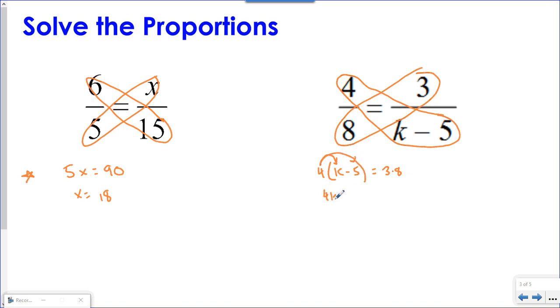So we're going to have 4k minus 60 equals 24. And then we would just go through and solve. So we can add 60 to both sides, divide by 4, and we're going to get k equals 21. And we'll put that in roster form. For right now, unless we explicitly ask, you won't have to do a check step for these, just because the checks can get a little dicey.